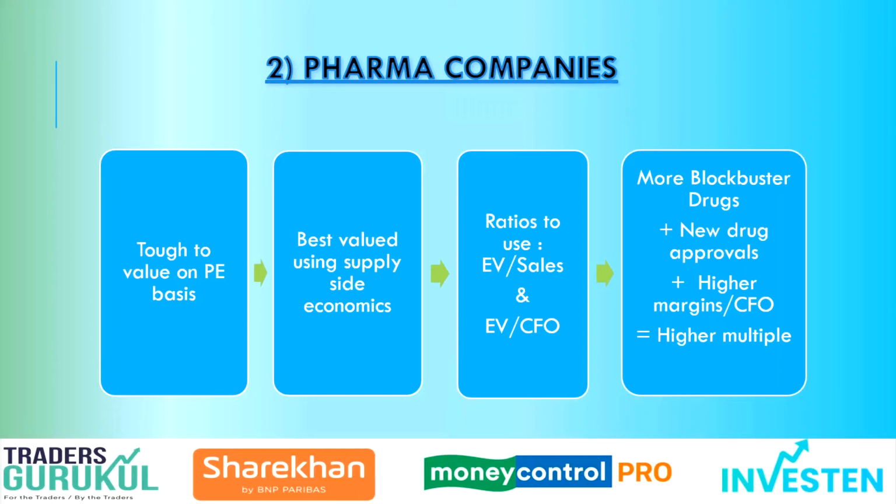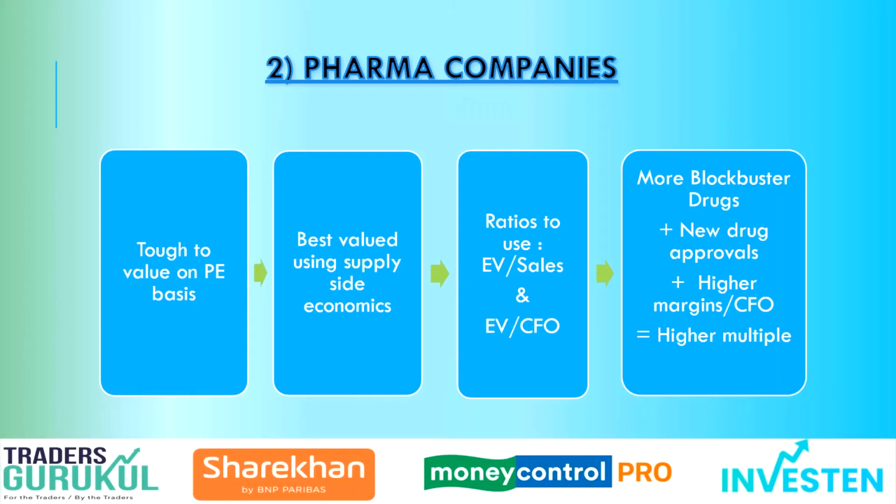Rather, pharma companies should be valued using supply side economics, which involves studying their underlying drug portfolio, newer drug approvals, how many drug approvals they have filed for, which are pending for approval, how much capex they are doing presently, how much they are spending on their medicine plants, and the resultant cash flows being generated.